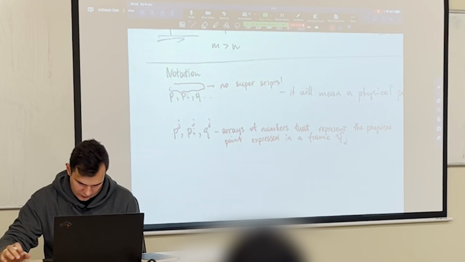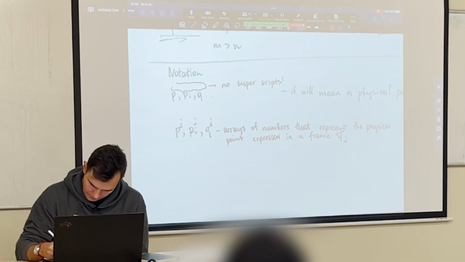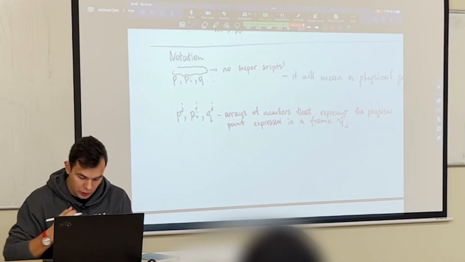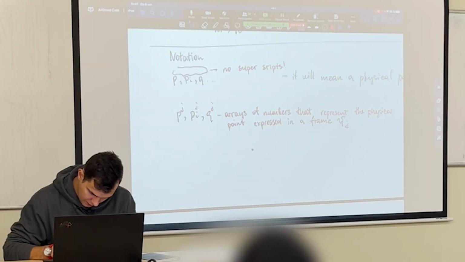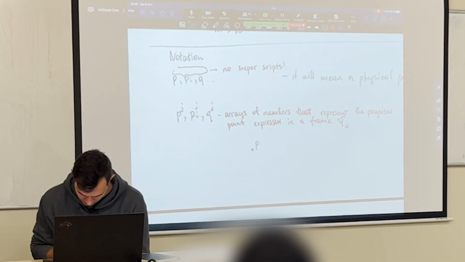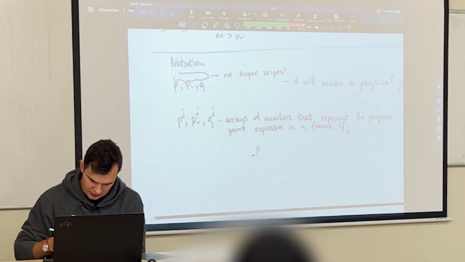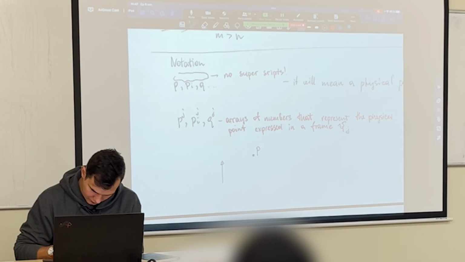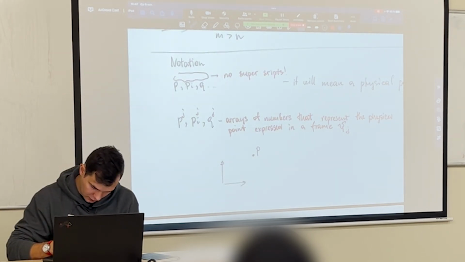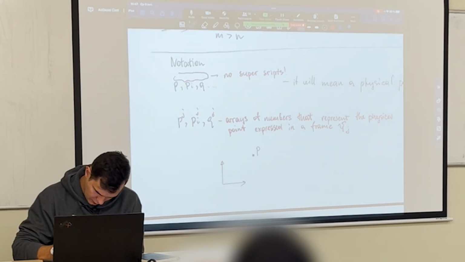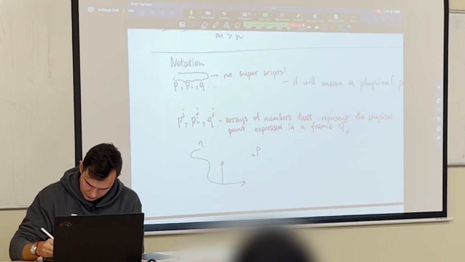All right, so let's assume that you have a physical point P and you have two frames. This will be the first frame, and we will title it frame C1.